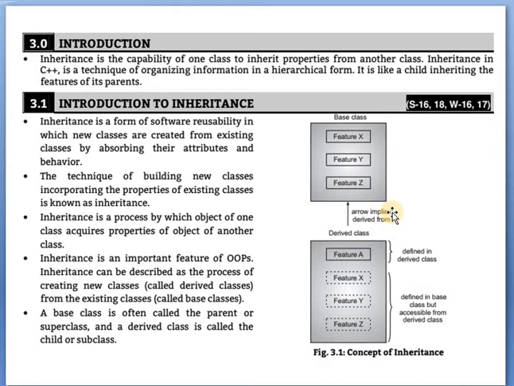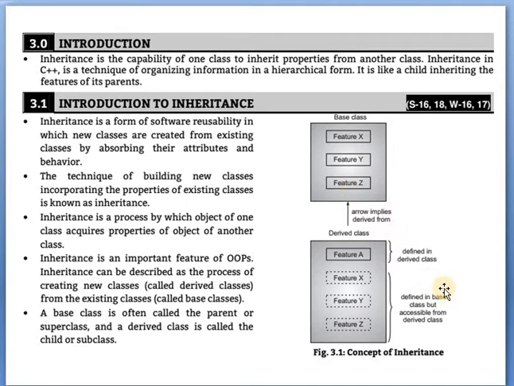Inheritance is a process by which an object of one class acquires properties of an object of another class. Inheritance is an important feature of object-oriented programming. It can be described as the process of creating a new class, which we call a derived class, from an existing class, which is known as the base class.